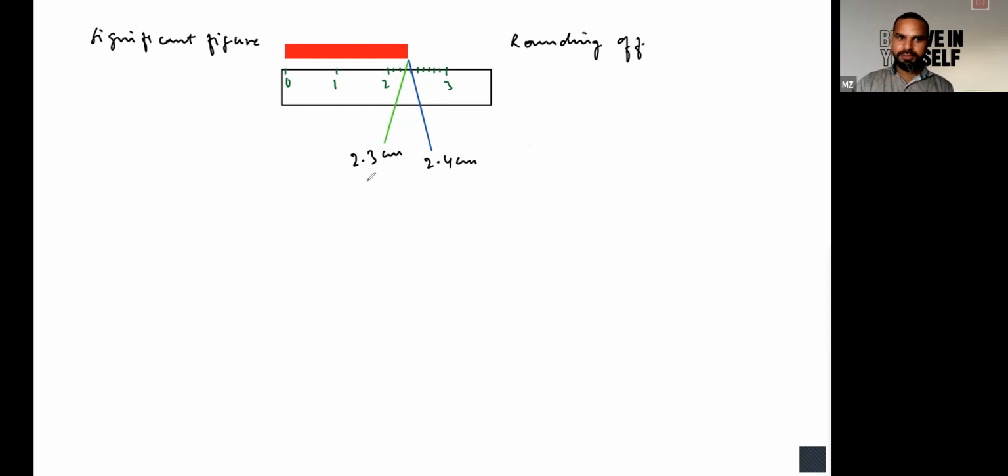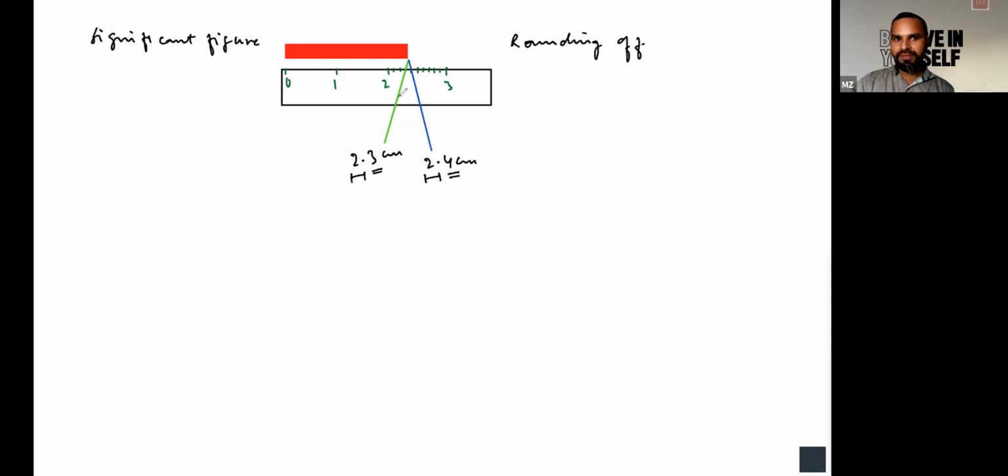But in this measurement, we have the first digit as 2 in both cases, and the next digit is 3 in this part and 4 in this part. So the last digit depends upon the observer, in which direction he is taking the observation, whether exactly perpendicular to it, or at some inclination towards left, towards right, or any other direction.